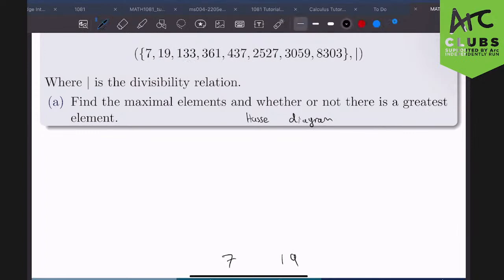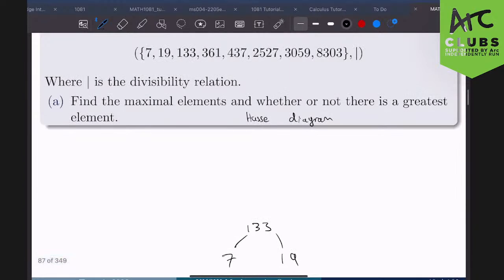So to begin with, conveniently this divides both. And maybe you can draw this out at the same time as me, because it's going to take a little bit of time.